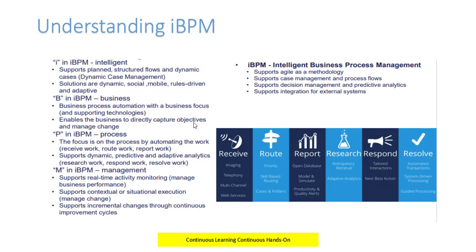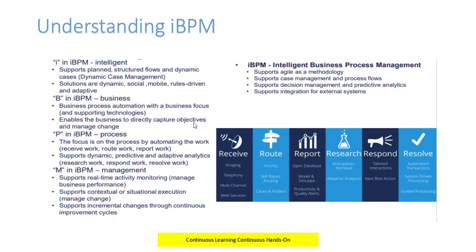In the same way, we have IBPM, which is intelligent business process management. What you are adding is the I here. I is nothing but intelligent, where you add your intelligence in developing your business.